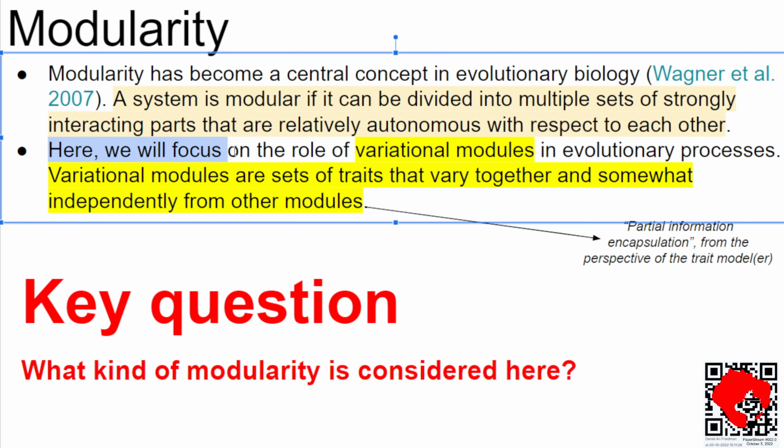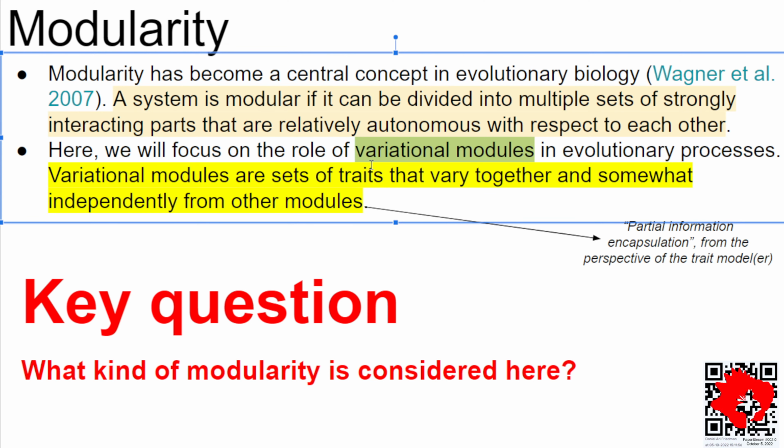They write, "Here we will focus on the role of variational modules in evolutionary processes. Variational modules are sets of traits that vary together and somewhat independently from other modules." So this notion of variational modules is a statistical module identification definition. It is not, on the first pass, related to variational Bayesian inference.